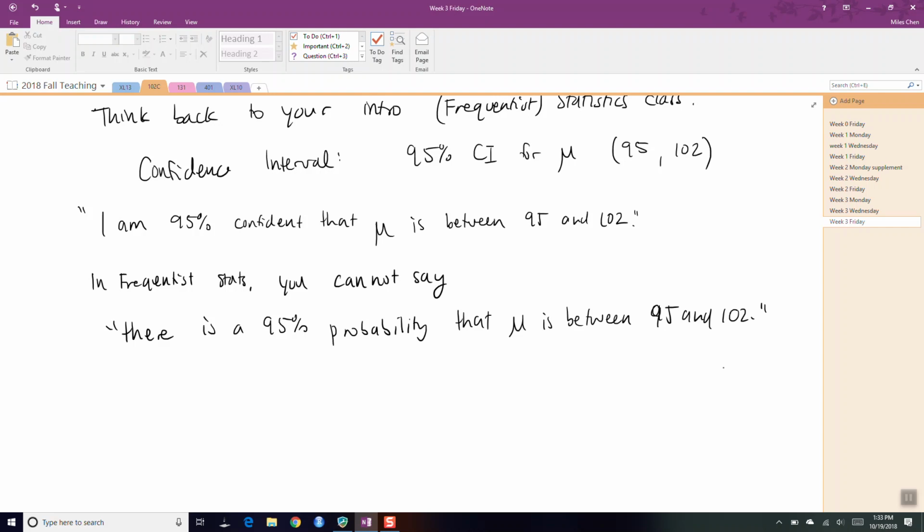I like to use this example: I've got this coin here, and if I were to flip this coin, before I flip the coin, what's the probability that the coin will land heads? 50%, right? 0.5, okay. So I flip the coin, and then if I ask you the question, what is the probability that the coin has landed heads? What's your answer?